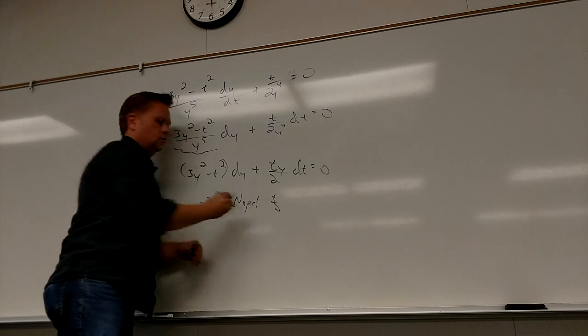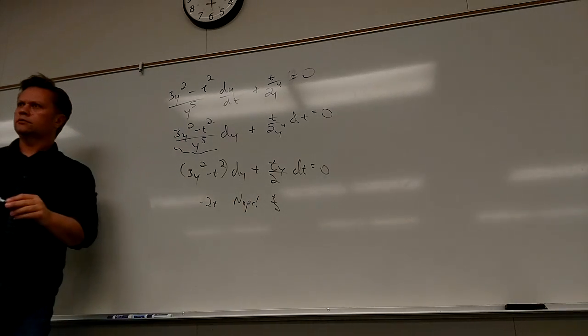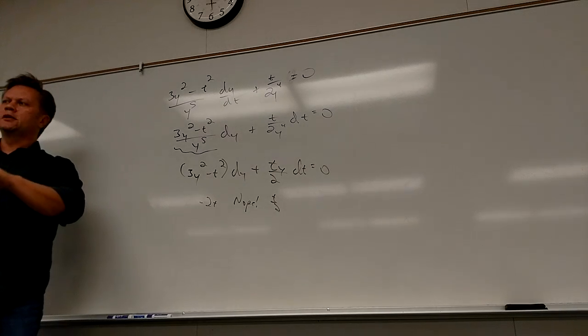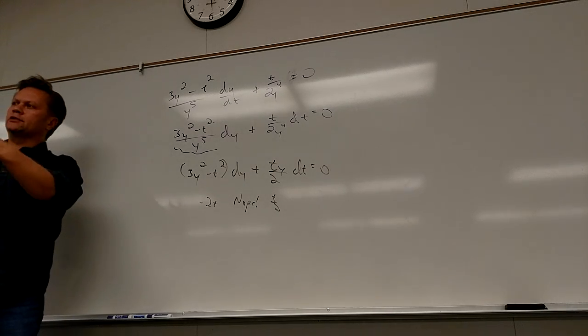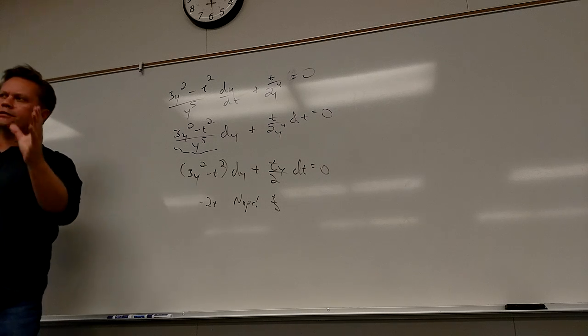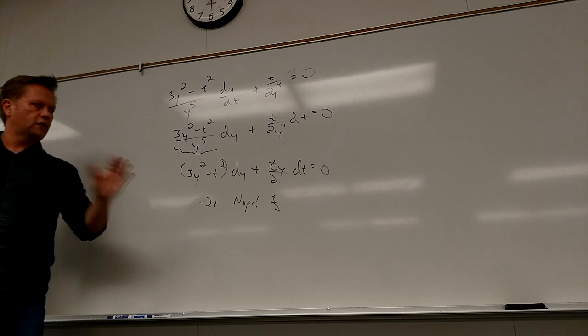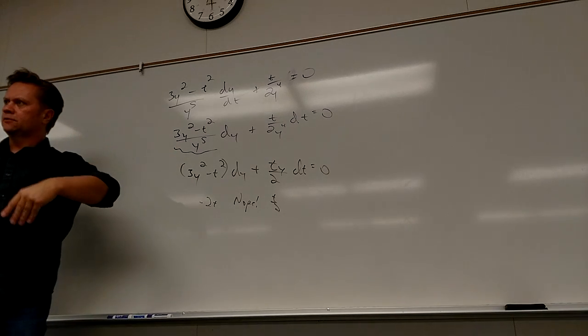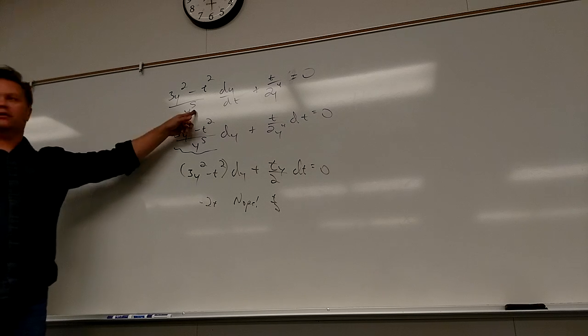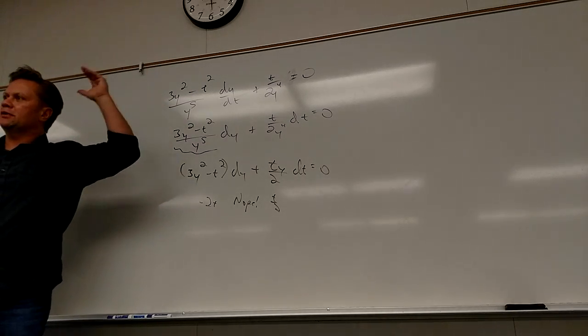Nope. So it's a very precarious balance for it to be exact. It's really easy to take it off of that balance. There's a whole process to go through to figure out what you've got to multiply by to make it exact. And here I would have just had to multiply by 1 over y to the fifth to get it back to the way it was to start with.